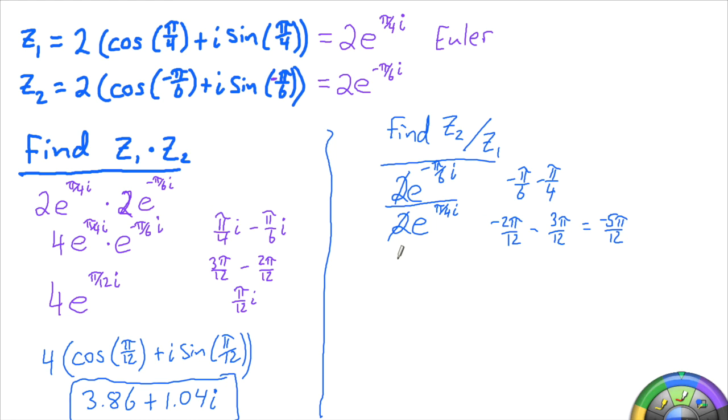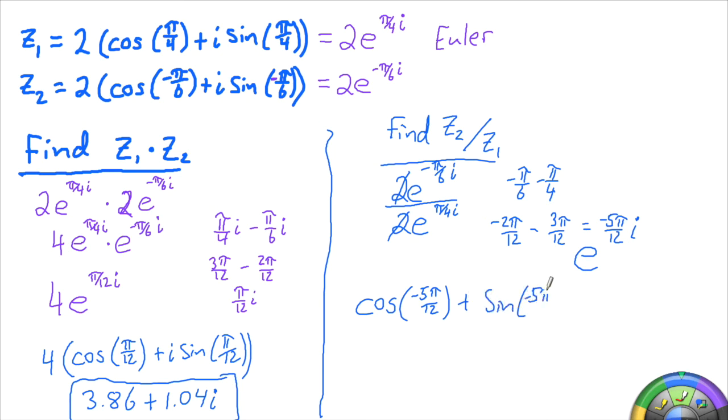Alright, so then we just back it out of, it'll be e to the negative 5 pi over 12i, and we're going to have a modulus of 1, so this answer is going to be cosine of negative 5 pi over 12 plus i sine of negative 5 pi over 12.